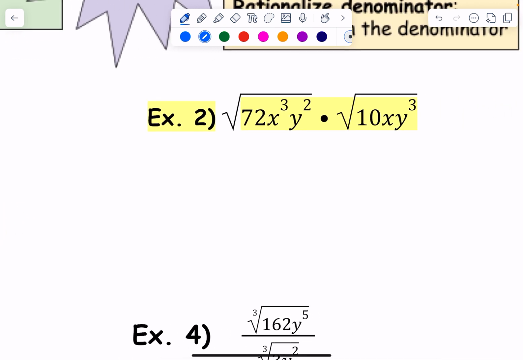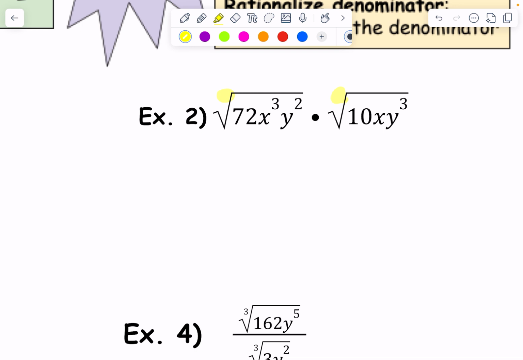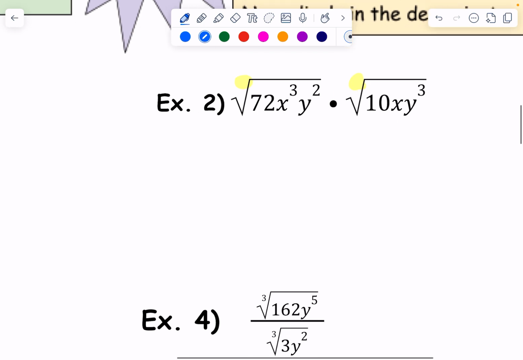Okay, on the next one, we can see that the index is the same, right? So our index is 2 because there's nothing there. We don't have anything on the outside, so we can pretty much put this all under 1, but let's go ahead and simplify first. So 72 is made by 8 and 9, so that is 3 2's and 2 3's, right?